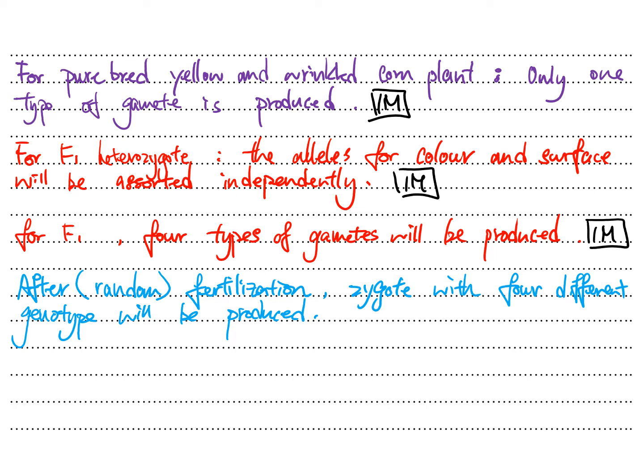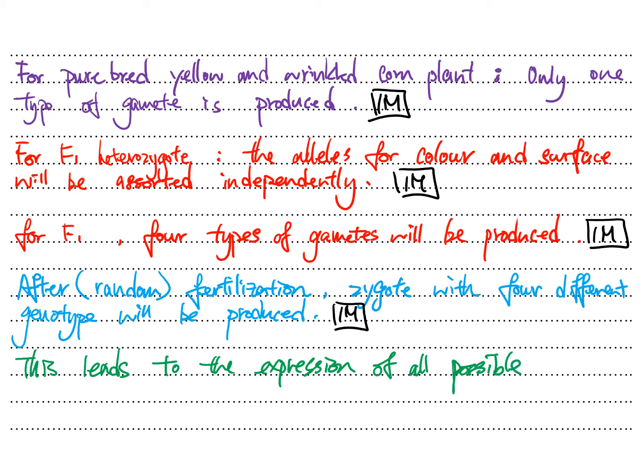And then therefore, how many phenotypes do you get? How many characters do you get? The very last part, this leads to the expression of all possible genotypes in the F2 generation.